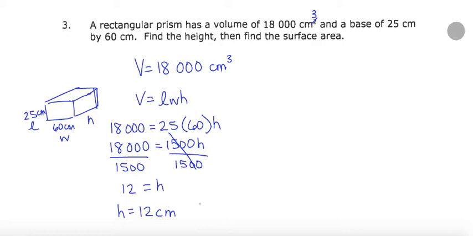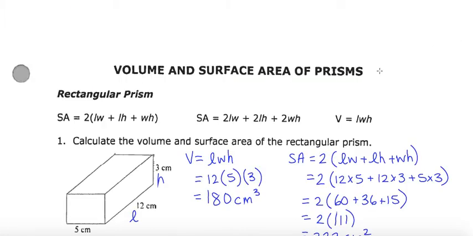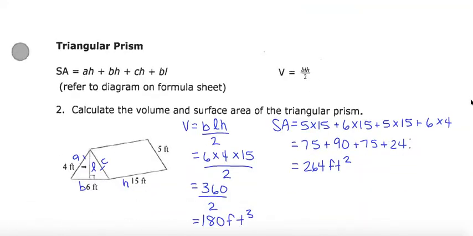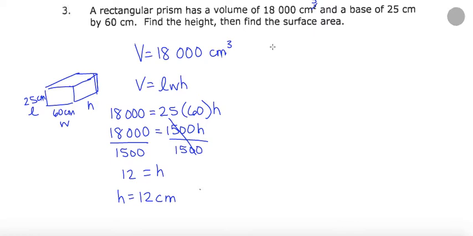So before we use the first version of our surface area formula, why don't we go ahead and use the second version, the 2LW plus 2LH plus 2WH, for you to see that variation. So surface area, 2LW plus 2LH plus 2WH.